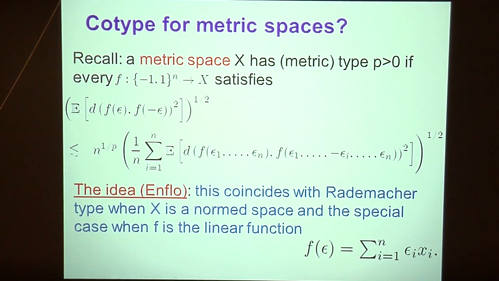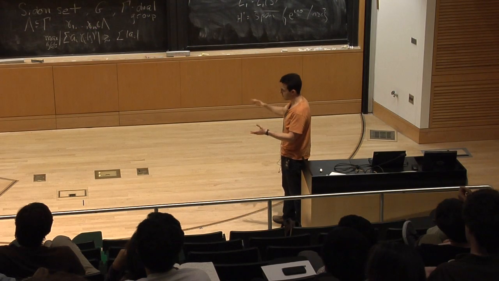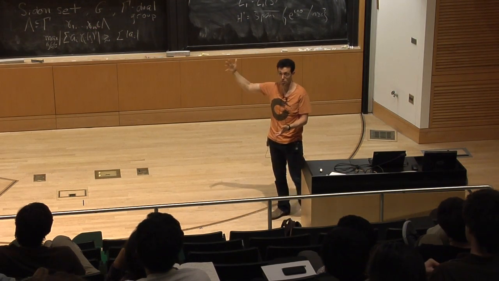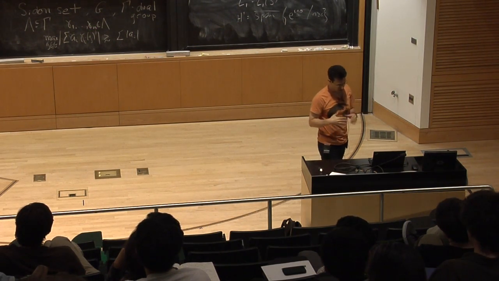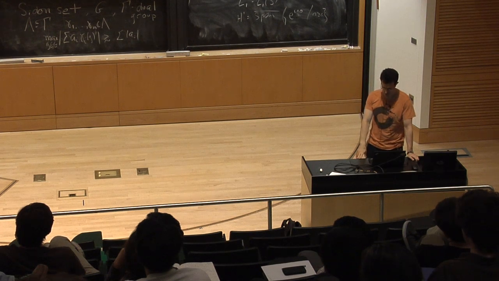The link to Banach spaces was that when f happens to be a linear function, f of epsilon is the sum of epsilon_i x_i, it just becomes the linear definition. And now we do this huge leap of faith, and we say maybe it's true for general functions, not only for linear functions. This was a step in the Ribe program that we did yesterday.